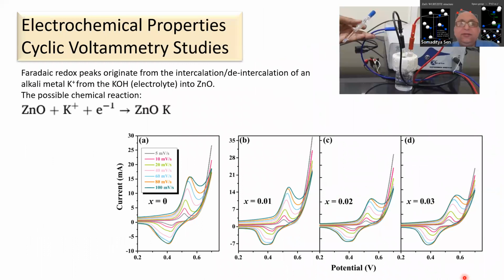Apart from that, there are electrochemical properties that we measure that can be measured on zinc oxide and other materials. This is one of our published papers from the Journal of Applied Physics.